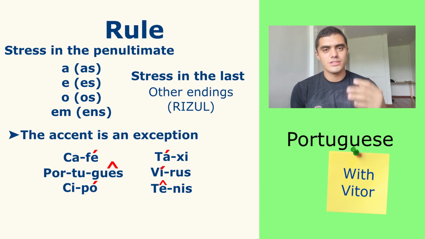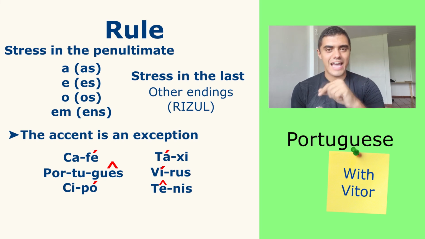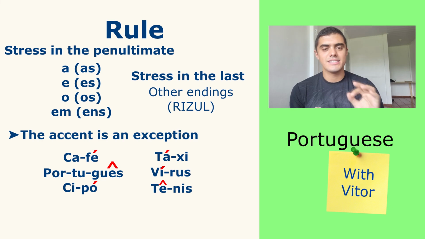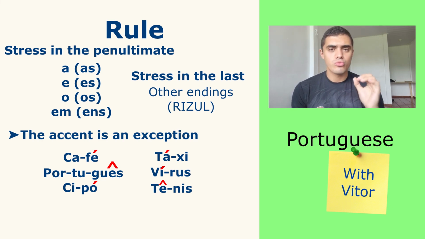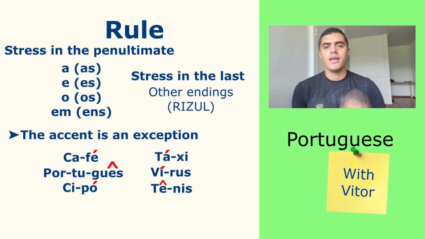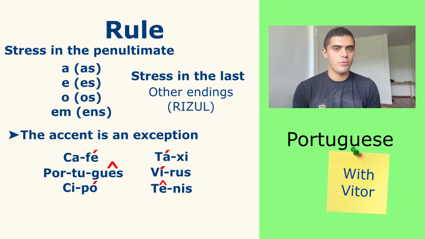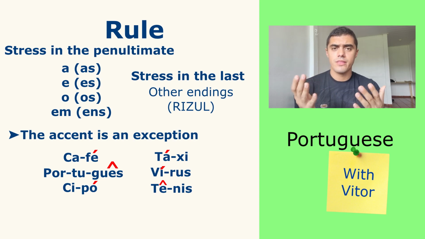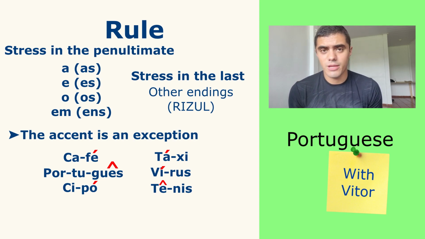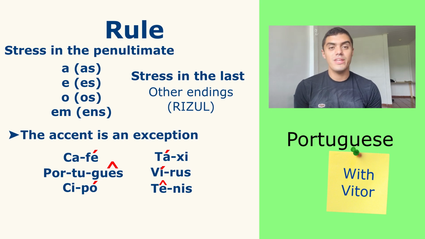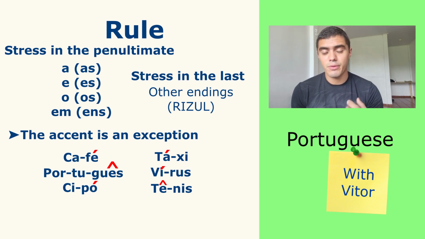So, pay attention. The words with accents are exceptions. Accents show exceptions. Most words follow the rule: as, es, os, ens, penultimate syllable. Any other ending, last syllable. Okay? And I told you that in Portuguese, we can have the stress in the antepenultimate syllable.